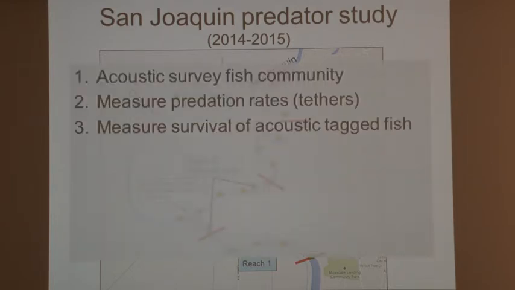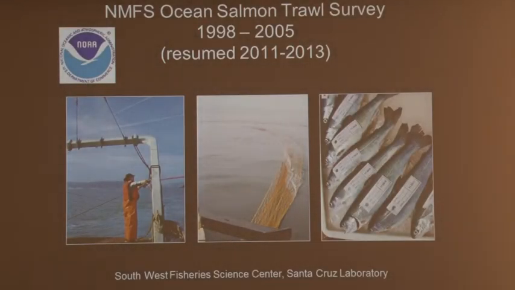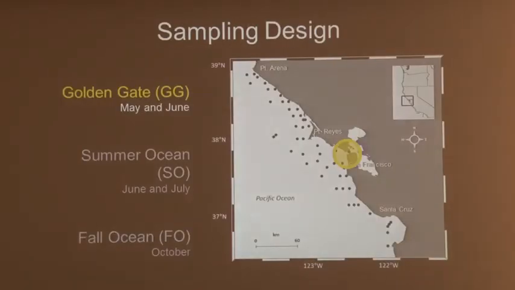Okay, I'll skip through this and finish up here with the ocean trawl surveys that were begun by Bruce McFarland at our laboratory. He's now retired, and Sean has taken over this work. And this sort of shows where we're doing this and when. The basic idea is to follow the cohorts of salmon as they move from the bay into the coastal ocean.